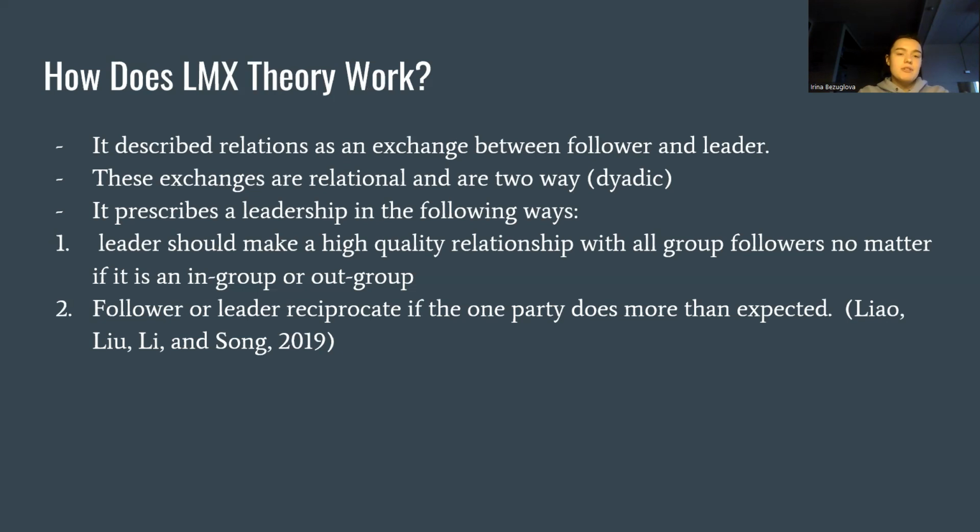And then it prescribes leadership in the following ways. So the leader, first of all, should make a high quality relationship with all group followers, no matter if they are in an in group or if they are in an out group. And then the follower or leader should reciprocate if one party does more than expected.